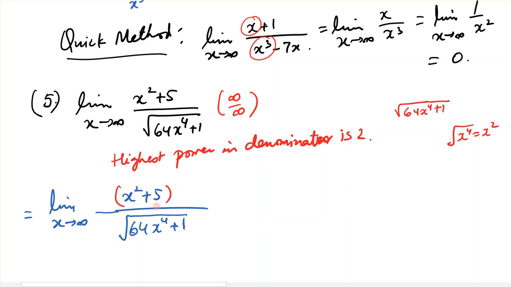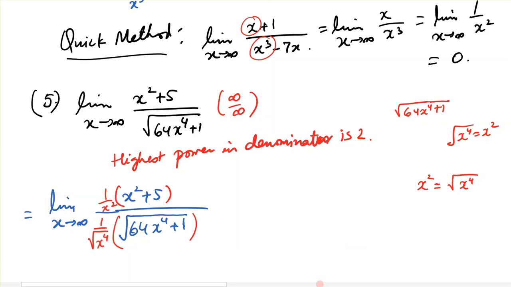When we are dividing the numerator by x squared, in the denominator, since I want to do the division inside my square root, instead of writing x squared, I can write it as the square root of x to the 4. So 1 over square root of x to the 4.